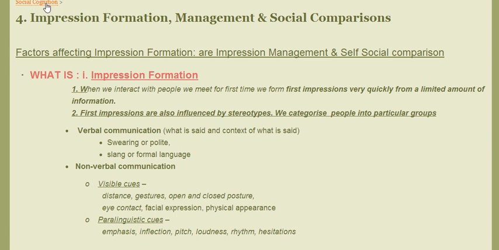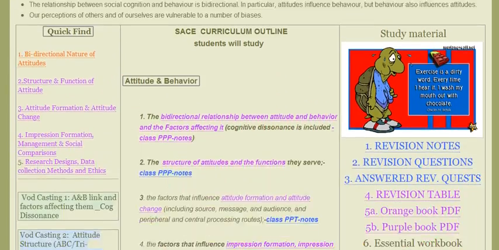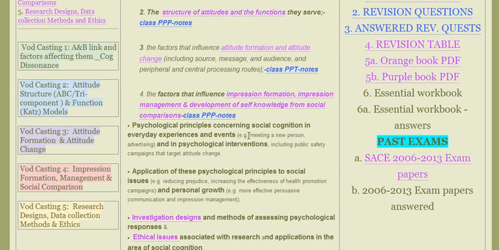We are going to discuss how research is conducted based on these principles in our everyday life, in our everyday experiences and events, and how we can use psychological interventions to change wrong attitudes.